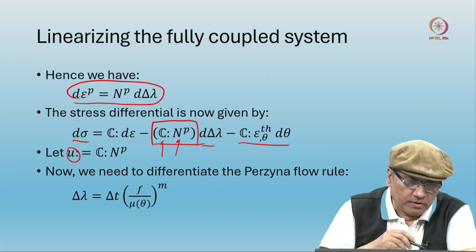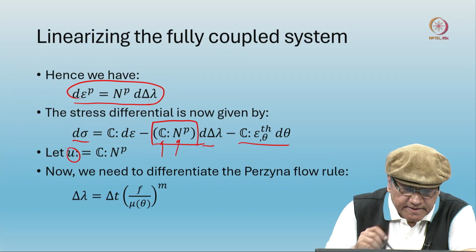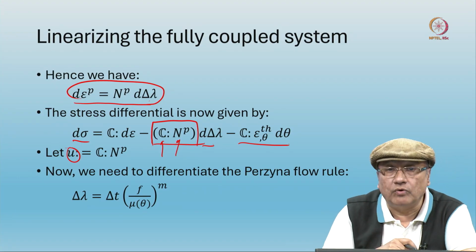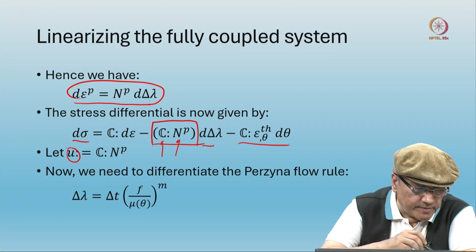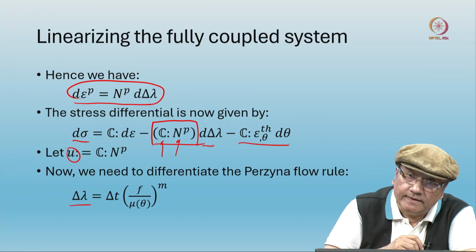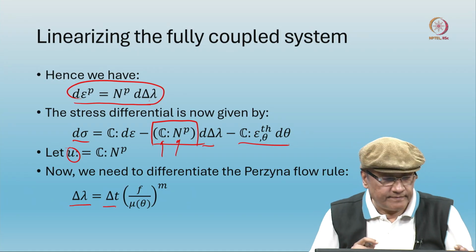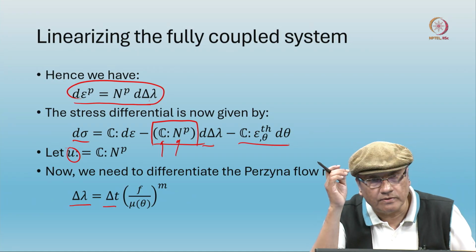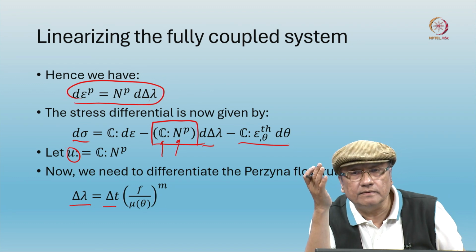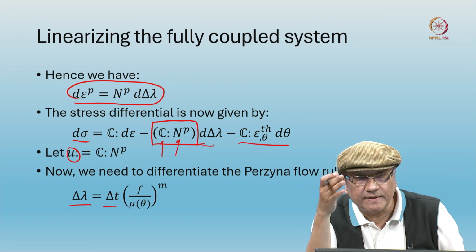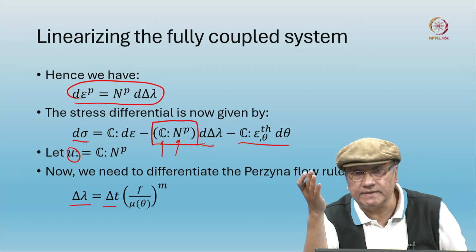Now recall that the Perzyna flow rule in the discrete form over delta t can be written as delta lambda equals delta t when the plastic flow is active, that is f is strictly greater than 0. So therefore the Macaulay bracket is replaced by just f itself.